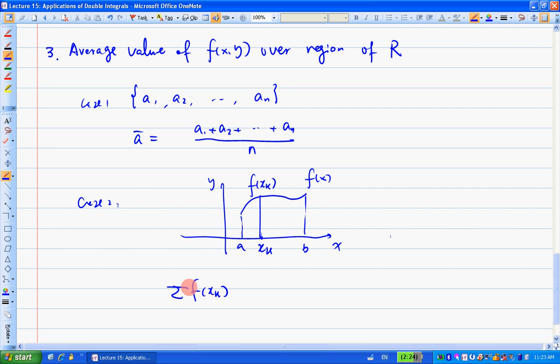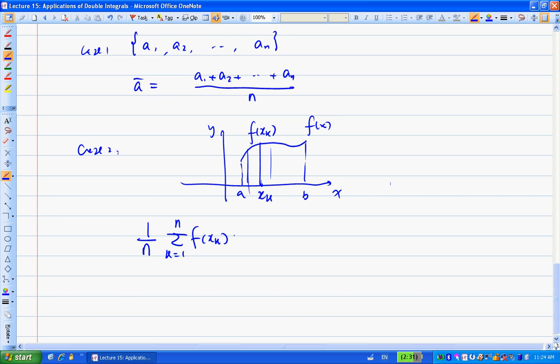Then I add all of those values up, so I have n number of basically straight lines here, and divide by the total n. That's sort of an approximation of the average of this function f over a to b. It doesn't mean it's not accurate, but it's an approximation.